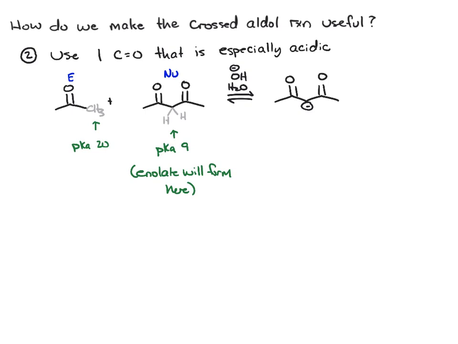Now we can react that with the acetone electrophile. I'll put it in a different color just to help us keep track. So we attack there. Here's our new bond. There's O minus, and the acetone has the two methyl groups.